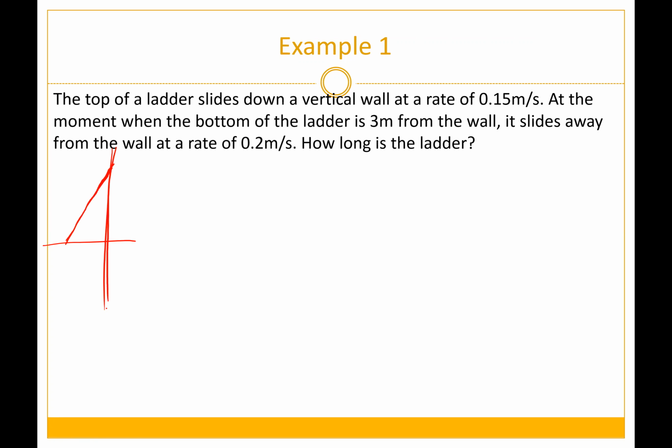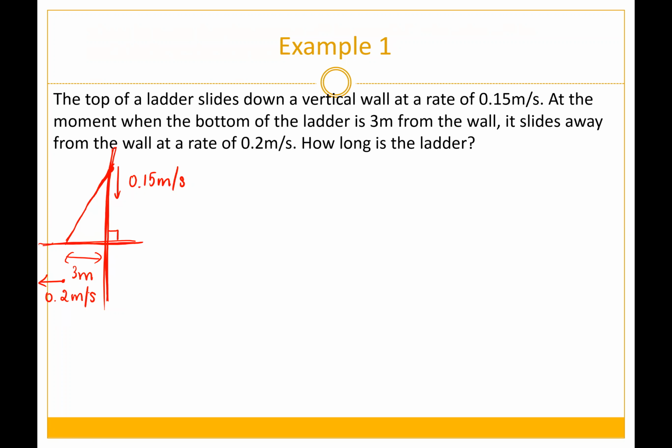The wall is a vertical wall, and then you have the bottom. The first thing that should come to your mind is that we're going to use something similar to the Pythagorean theorem here, because that's the most basic principle that we use whenever we have a right triangle. It's saying this top is going down at a rate of 0.15 meters per second, and at the moment where the bottom is 3 meters from the wall, it slides away at 0.2 meters per second.